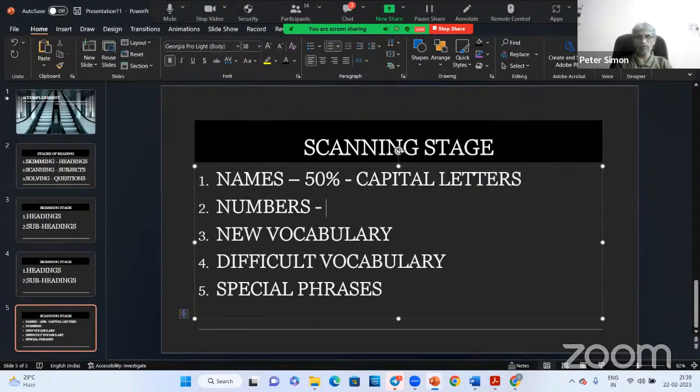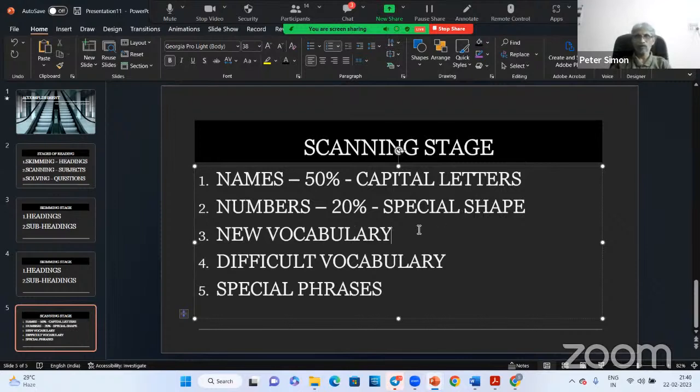If you underline numbers, you'll get 20% of the answers, because they have a distinct style. Numbers have a special shape. Very easy to identify.